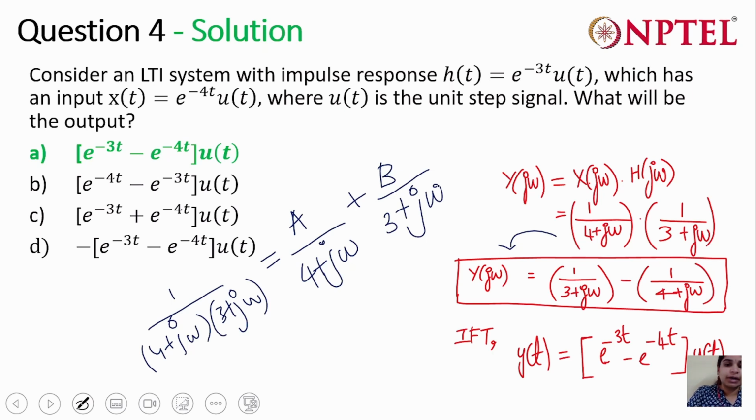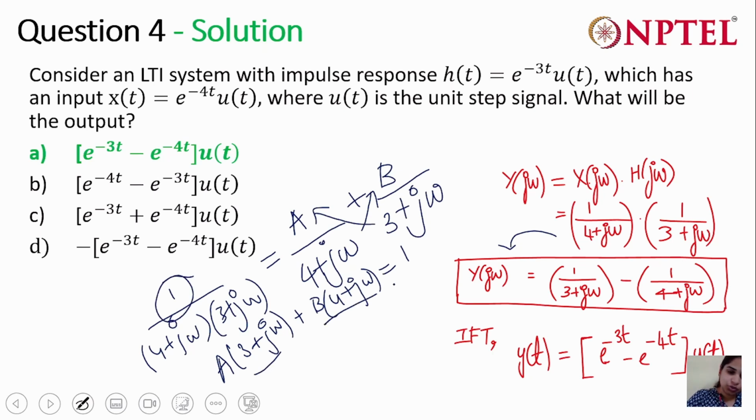Now we have to solve this. So how will we solve it? A into 3 plus j omega plus B into 4 plus j omega is equal to 1. I'm just bringing this to the numerator, this to the numerator, then we can equate it to 1.